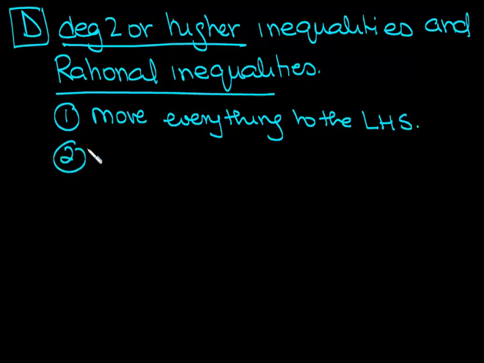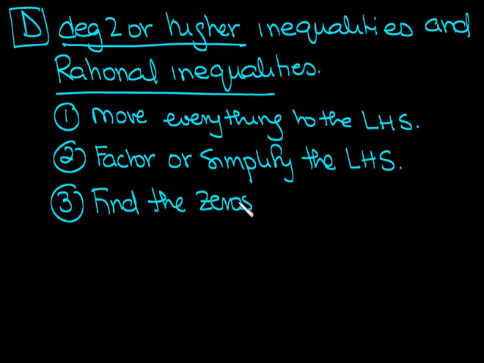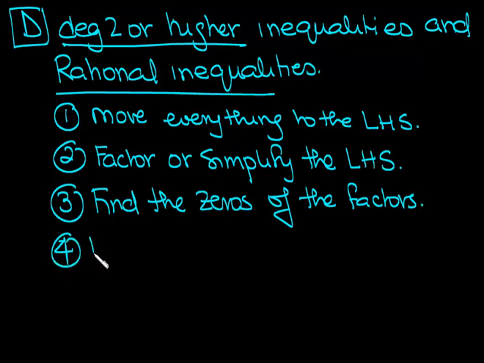The second step is we want to factor or simplify the left hand side. The next step is we want to find the zeros of the factors. And then the last thing we want to do is we want to draw a sign chart.